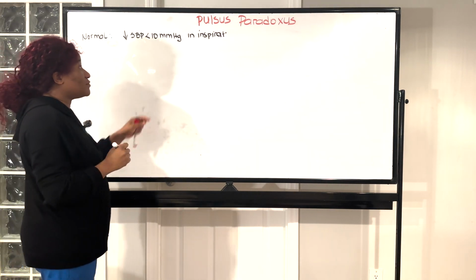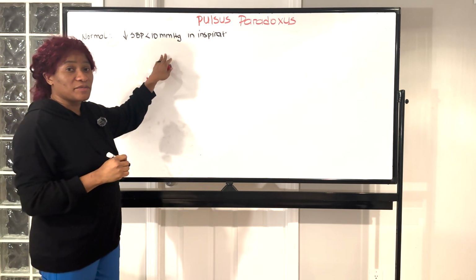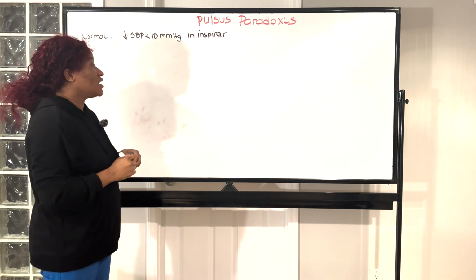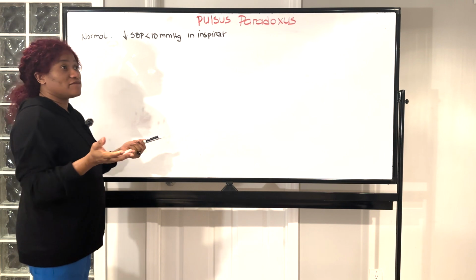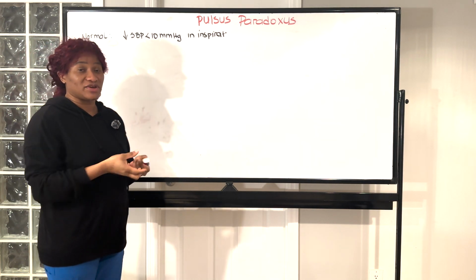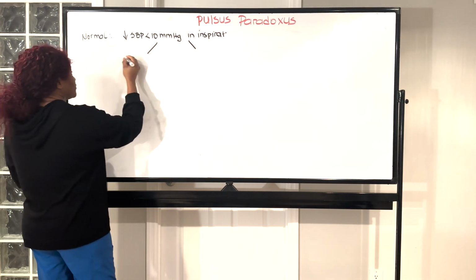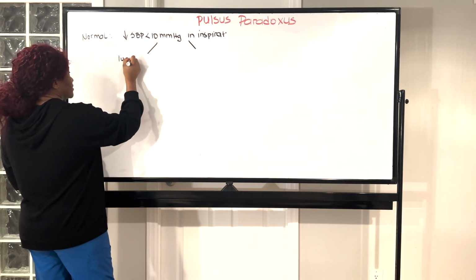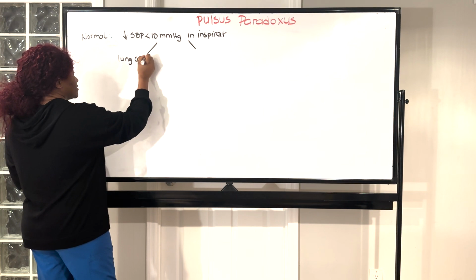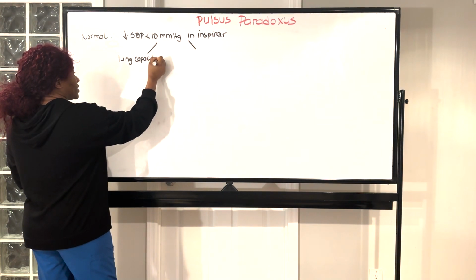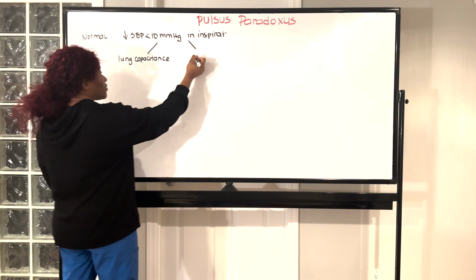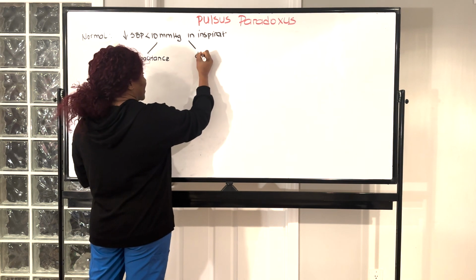Now, two phenomena contribute to the Pulsus paradoxus, and these are normal phenomena that happen during inspiration. So we're going to talk about both. So the first, I would call it lung capacitance, and the second, I will call it diaphragm.